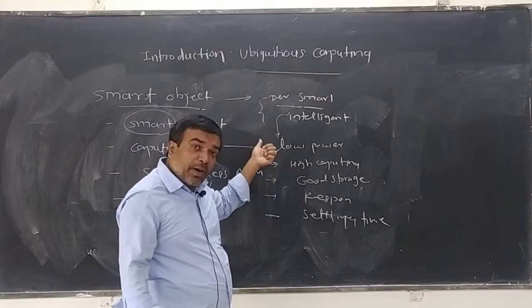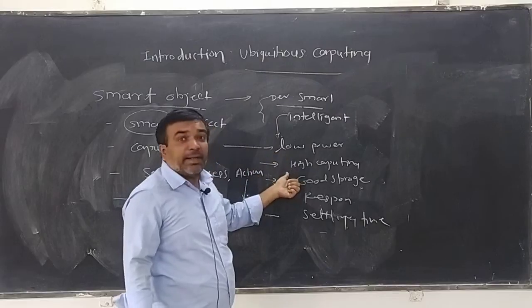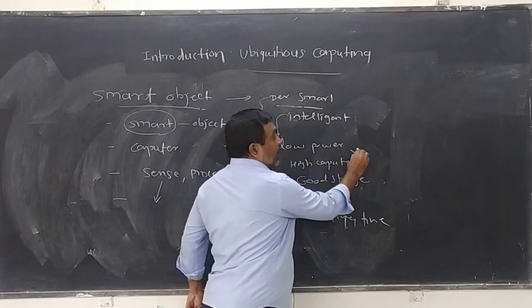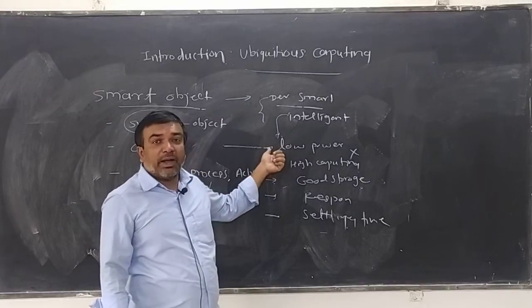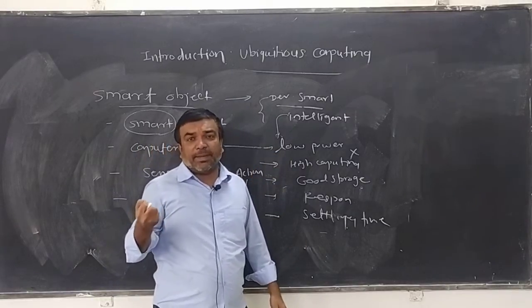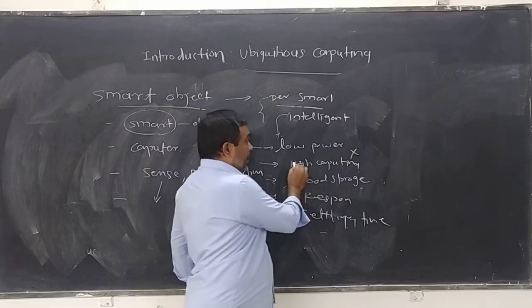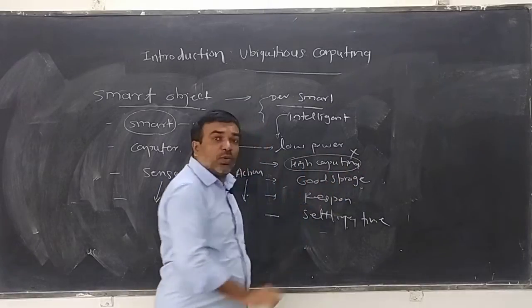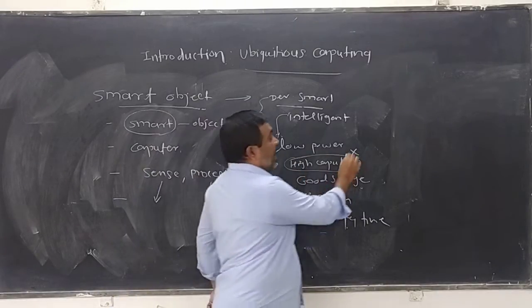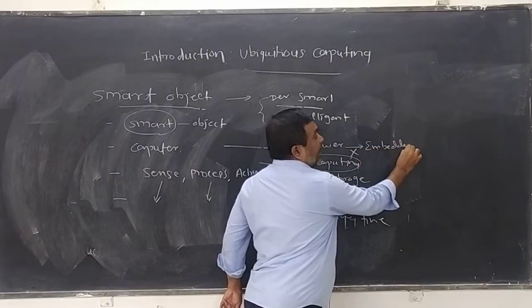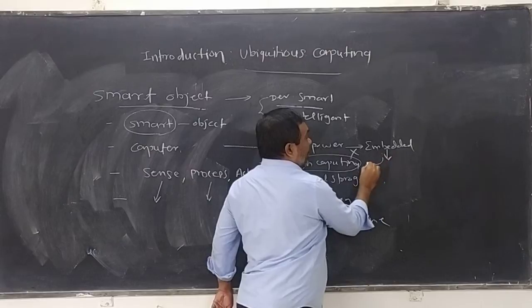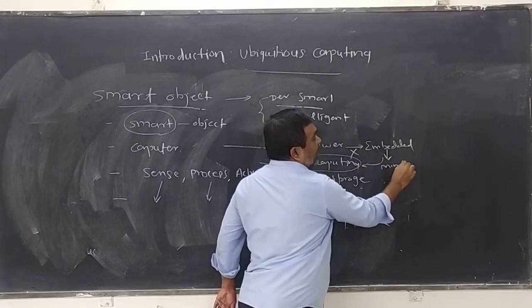We are talking about low power and high computing. They seem somewhat contradictory to each other. If it is low power, it will have minimum computing capability, so high computing seems to violate the rule. So it will be supported with an embedded system, with minimum or moderate computing facility.